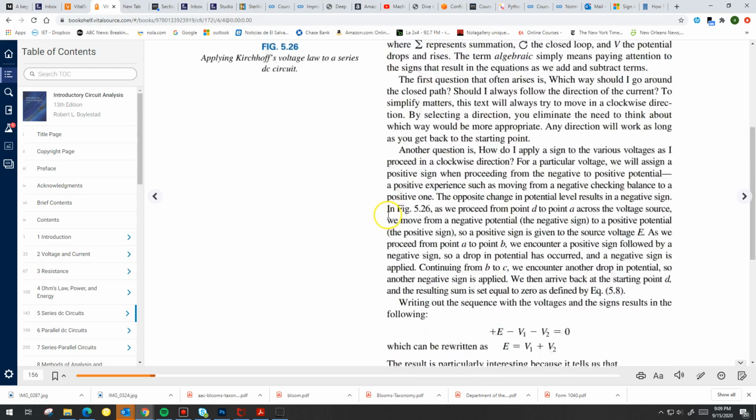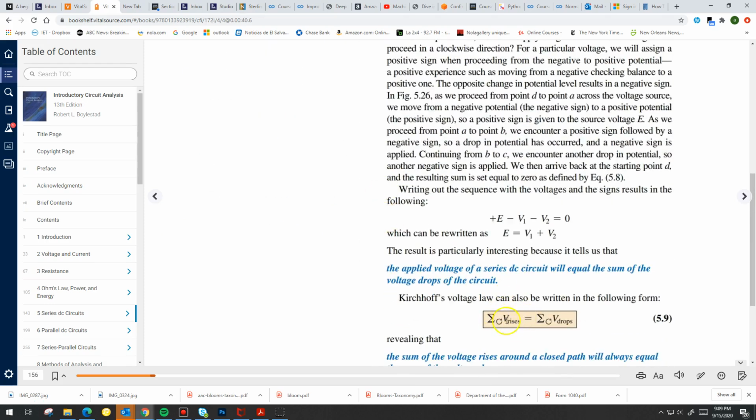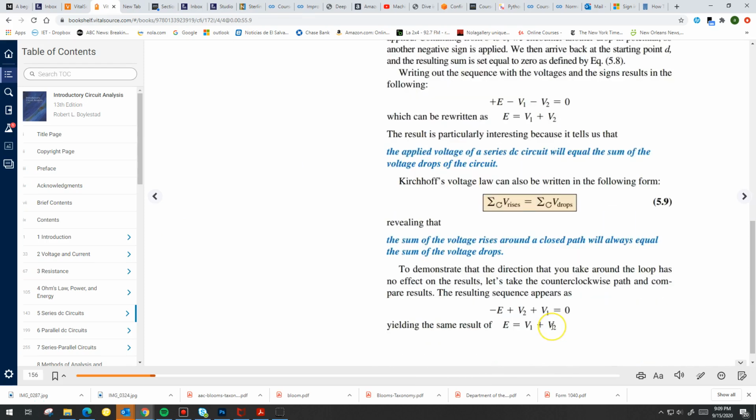And what this is saying is this: the sum of all the voltage rises is going to be equal to the sum of all the voltage drops around a loop.